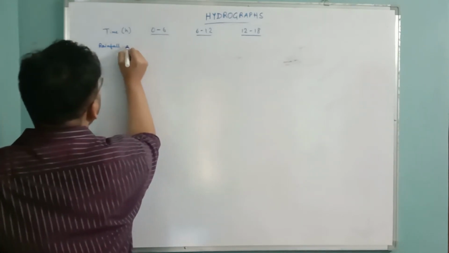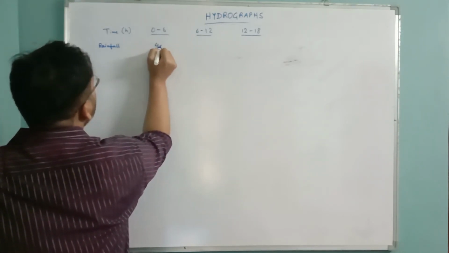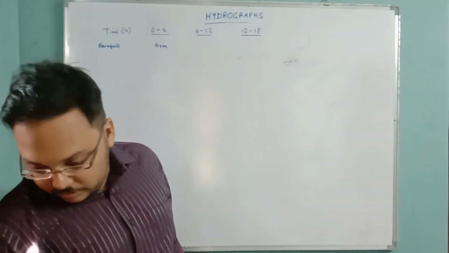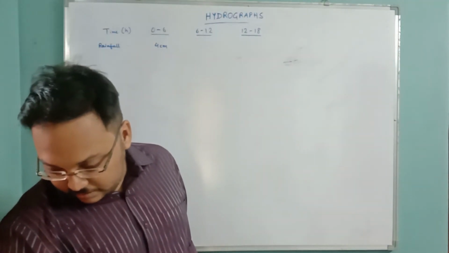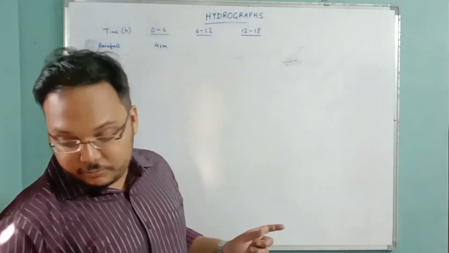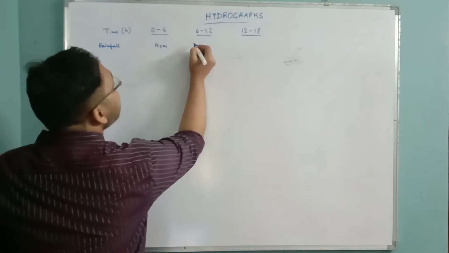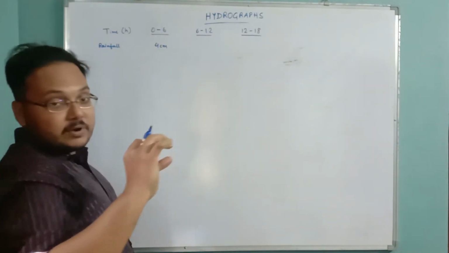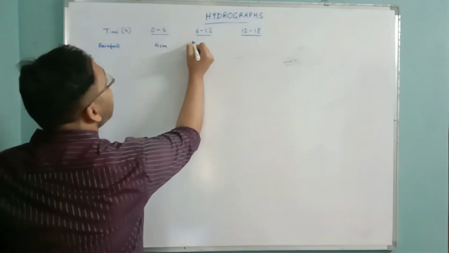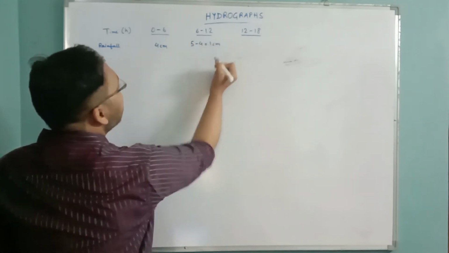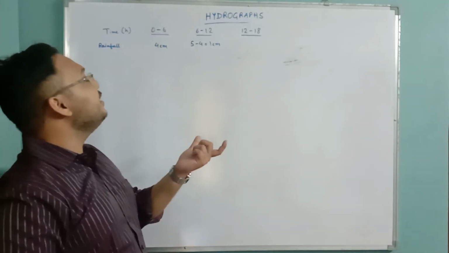The rainfall here is 4 centimeter. For 6 to 12, the accumulated rainfall is 5 centimeter. So the depth of rainfall is 5 minus 4, that is equal to 1 centimeter, because this is our accumulated rainfall.